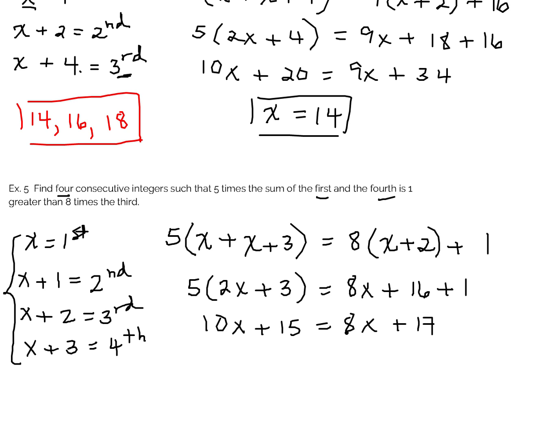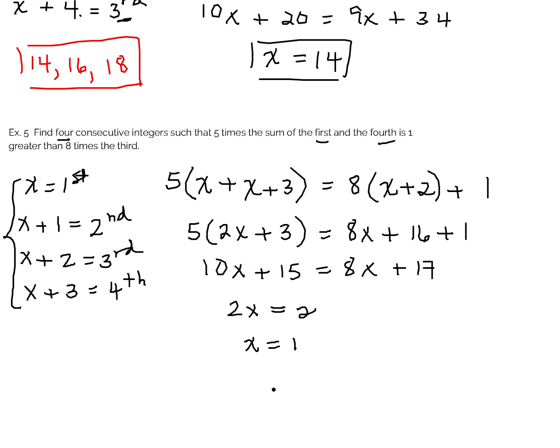Subtract 8x from both sides. You'll notice that in Algebra 2, I'm not putting all the steps when we get down to the bottom of our equation. We can do that in our head, 8x from 10x. I've been putting it in your solutions though. 15 minus 17 is 2, and divide both sides by 2, and we get 1.